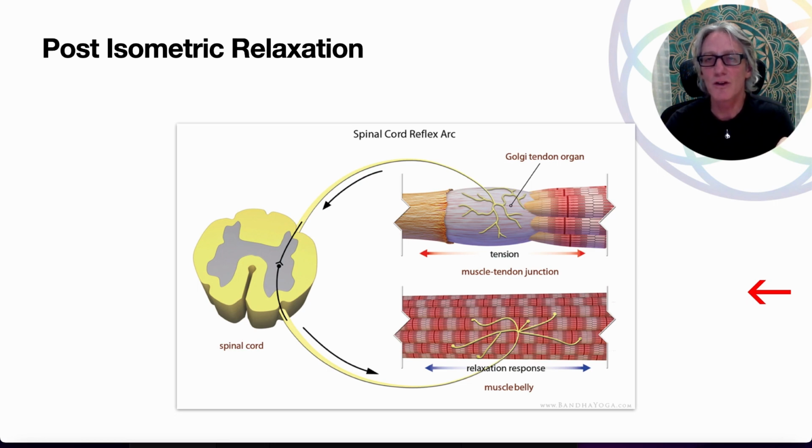This is part of the control system, so we have smooth, controlled movement. The same muscle that's getting a lot of tension from contraction is also at the same time getting a relaxed response from the spinal cord.